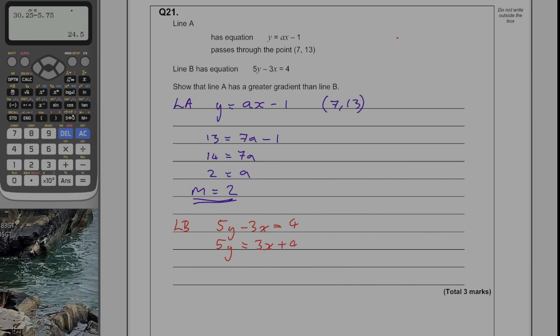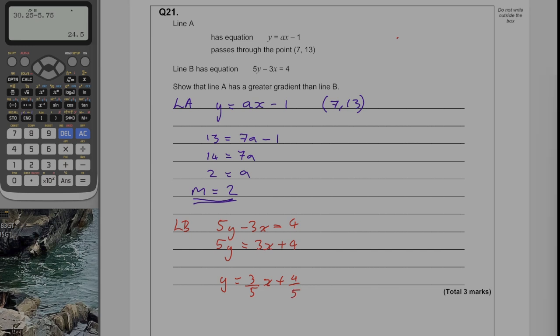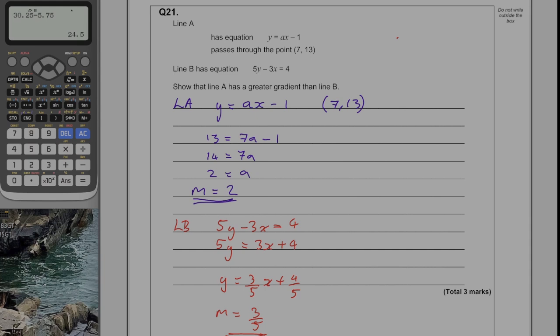If we divide both sides by 5, y is equal to 3/5 of x plus 4/5. So the gradient of that line is 3/5. So to show that, arguably that would be enough, but then we say that 2 is greater than 3/5.